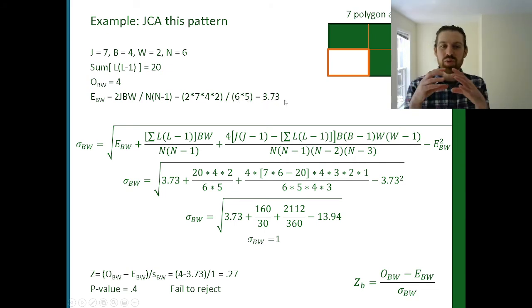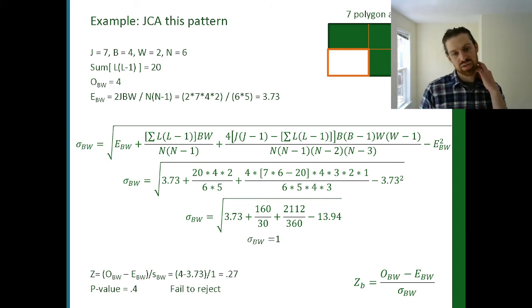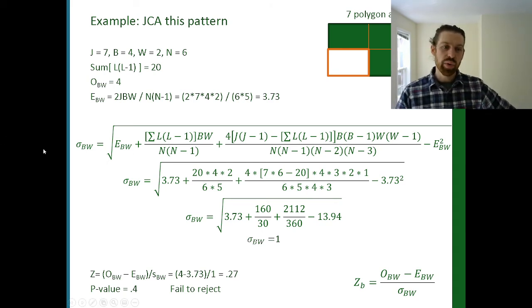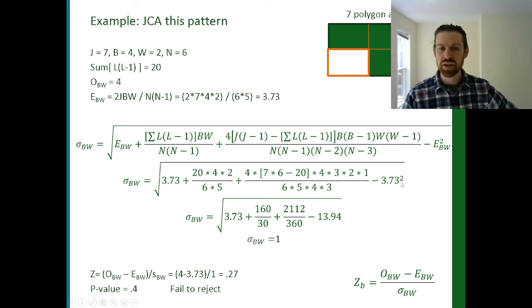So this gives us all the nuts and bolts that we need in order to start to calculate this. We do need to get the standard error of the joins, and we need to plug those numbers into here. So we've got this EB value that we calculated, 3.73. We've got all of the components now to carry out these 2 parts of the equation, and then at the end we can again plug in that EB value squared.